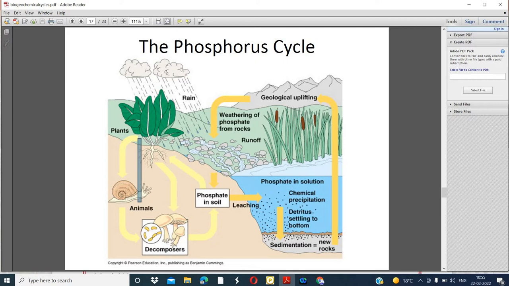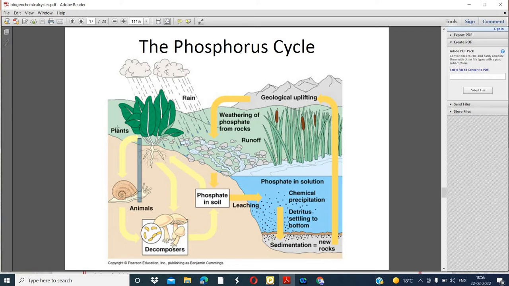Sometimes there is geological uplifting, so phosphate can become available, as it is part of the rocks. It is also a part of the ocean. In the ocean, generally the phosphate settles down at the bottom, so it is inaccessible to the animals.